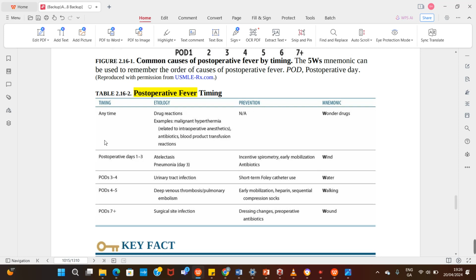So what are your prevention strategies? For atelectasis, you want to give incentive spirometry. This is part of lung expansion strategies. But before I go to incentive spirometry, it's very important to mention that one effective way to reduce atelectasis is to maintain adequate analgesia, because following surgery, the majority of them are in pain.